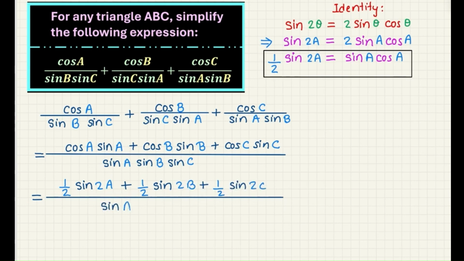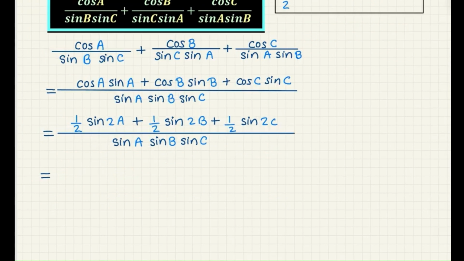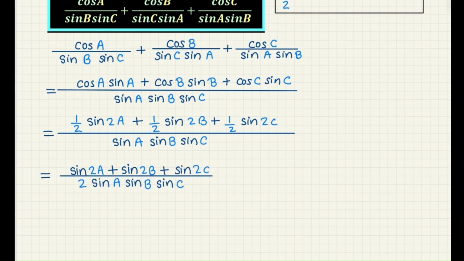Then we divide this numerator by the denominator sin A sin B sin C. Let's simplify it a bit further by rewriting the expression as sin 2A plus sin 2B plus sin 2C, all of that divided by 2 sin A sin B sin C.